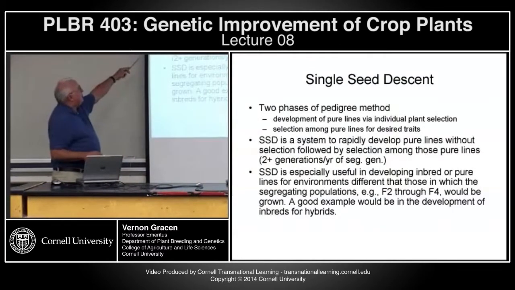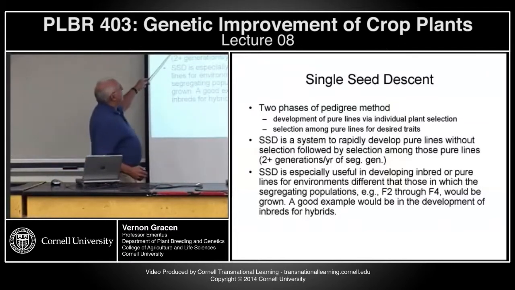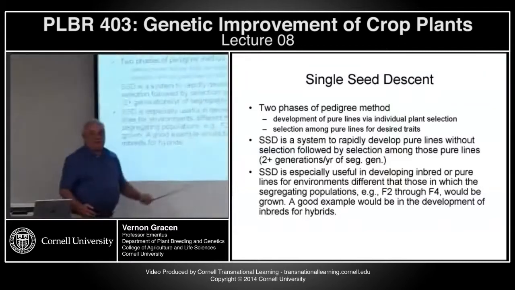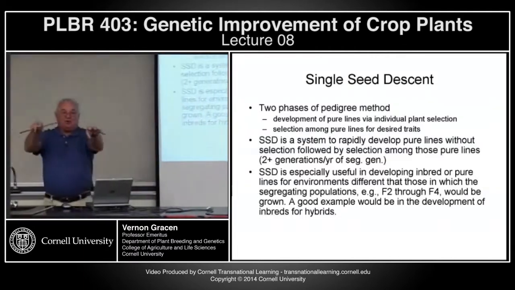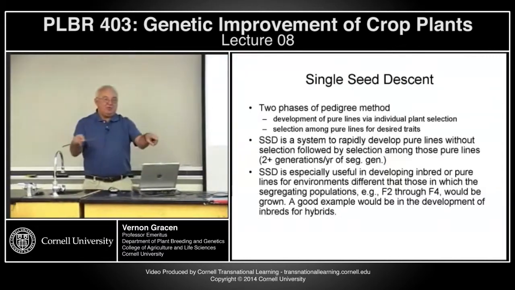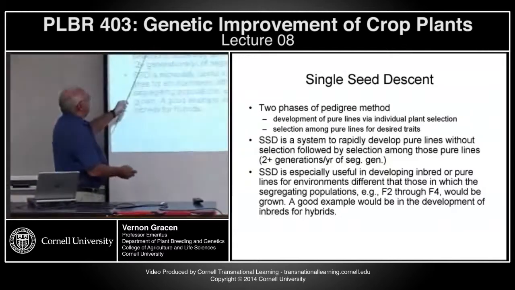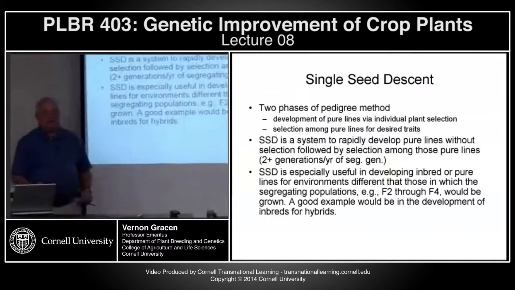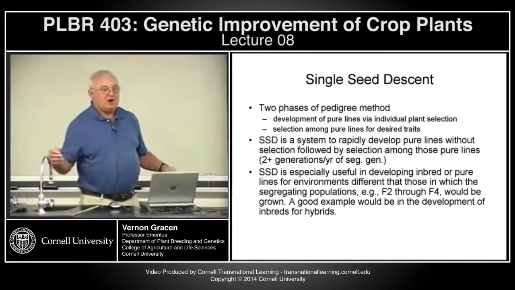So what it's based on is, in the pedigree method, there are really two phases. You develop those pure lines. You start with that F2 generation, and you select and develop pure lines by selecting in your target environment for 4 or 5 years. Then you select among pure lines to get the desired traits and put those pure lines in replicated trials.